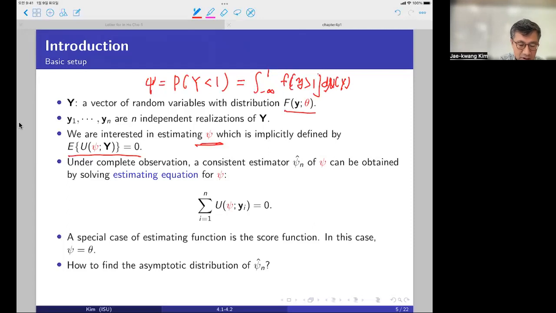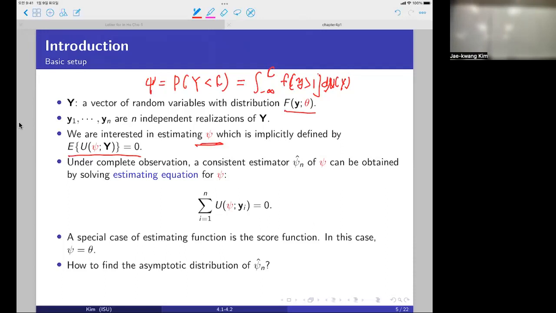And now the problem is if you want to estimate this particular parameter, a proportion, where y is income and c is the poverty line, for example.